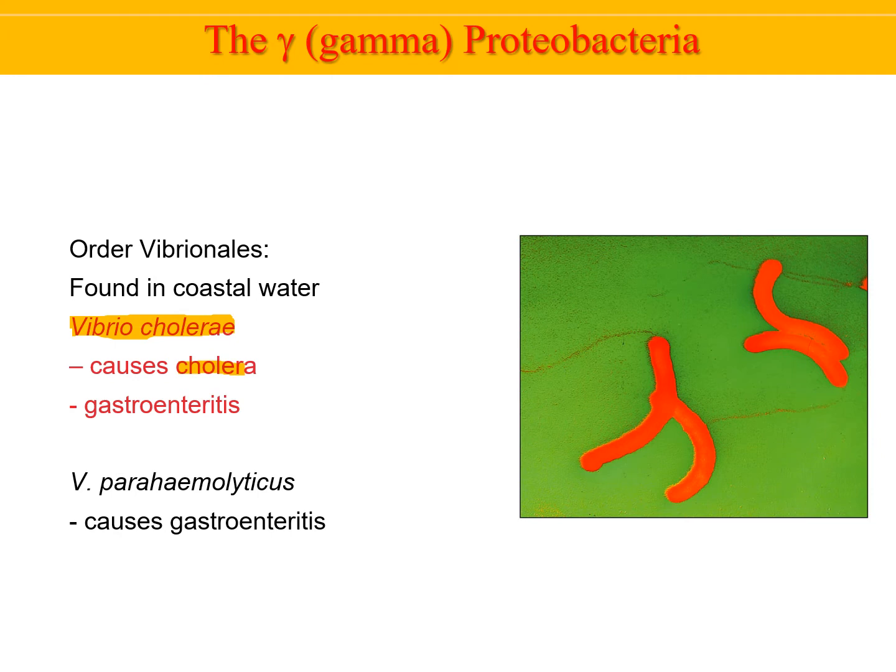The characteristic description of Vibrio cholerae that every student typically learns is that it is a comma-shaped organism. It has this characteristic comma shape, this curved shape. There's another one, and another one. Very commonly, this kind of curved shape.